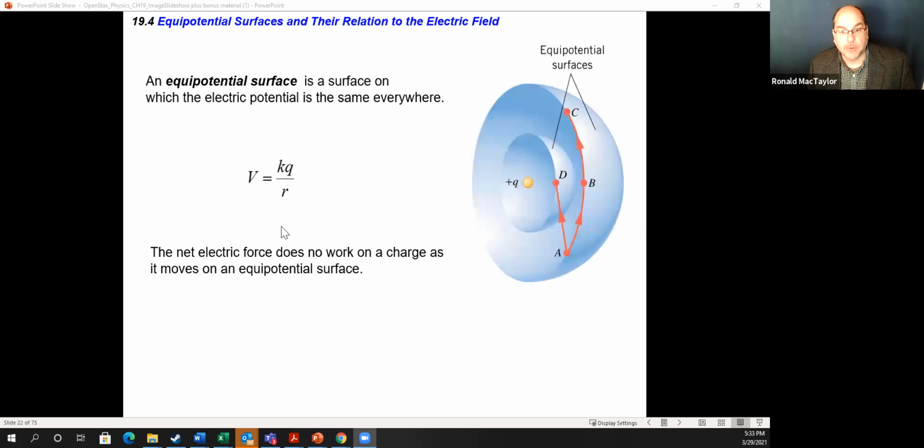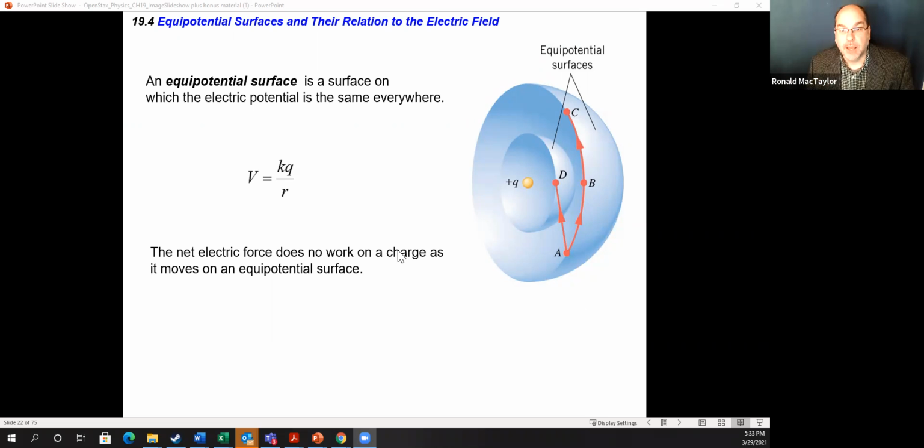What we want to get to is this idea that there are equipotential surfaces, that at some distance from a charge, every point in a sphere, 360 degrees around any trajectory, would be the same potential.